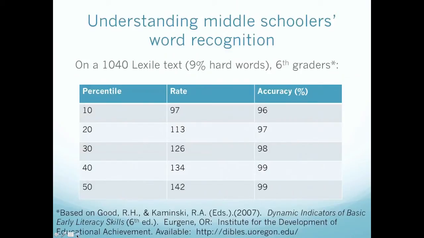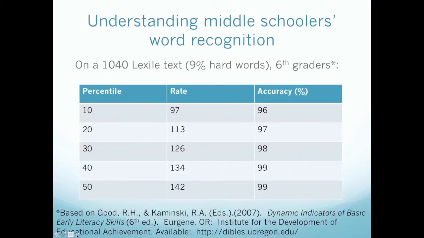So if you look at the last column of accuracy, on a text with 9% hard words, so that means out of every 100 words, there are 9 hard ones. A massive sample, about 5,000 students, showed that the students were accurate at the 10th percentile. It was only at about the 2nd and 3rd percentile that accuracy dropped to about 88%.